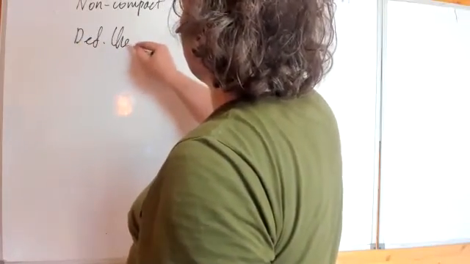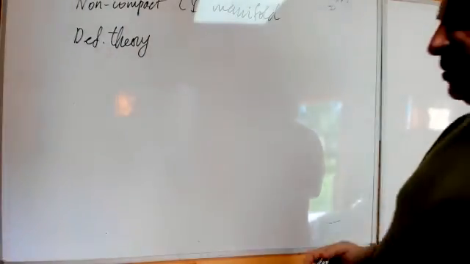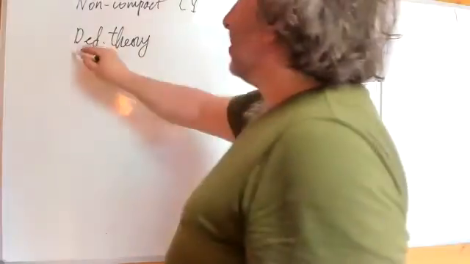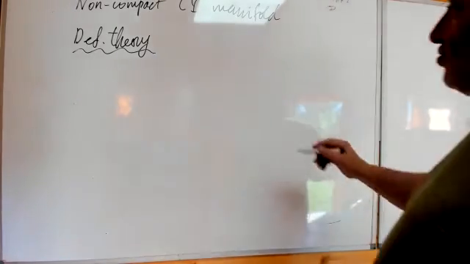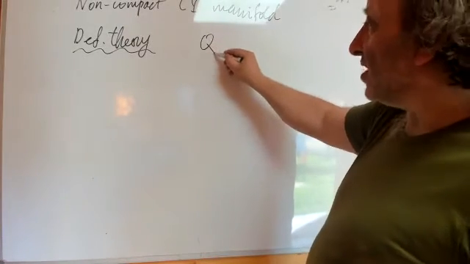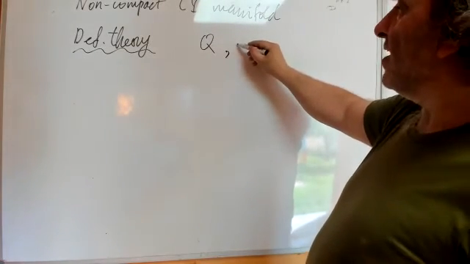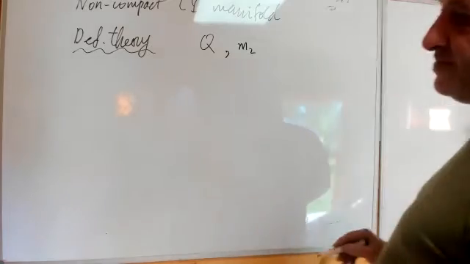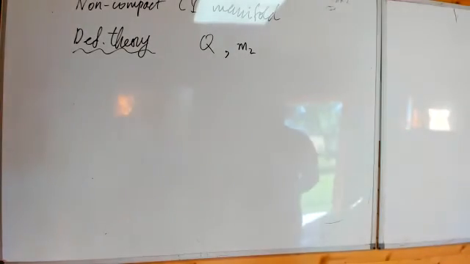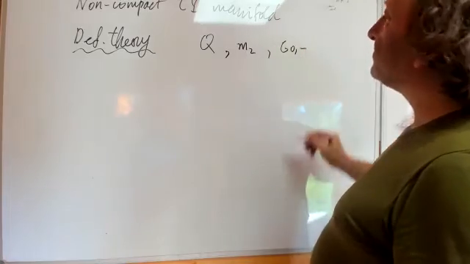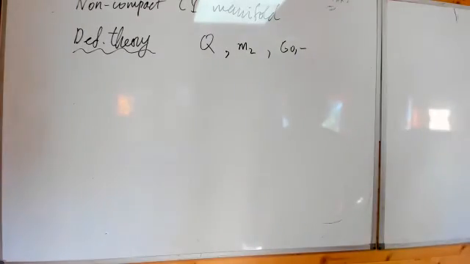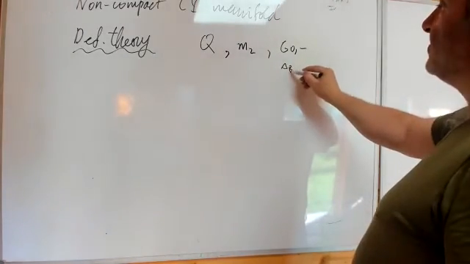So it is similar to usual Chern-Simons. So, deformation theory. You know, we see that we have Q, we have M2, and we have this G naught minus, or you may call it delta BV.